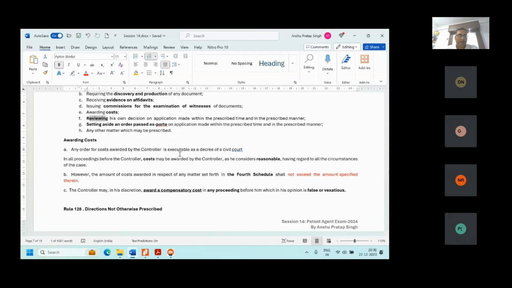Grounds are discovery of new important matter, if there is evidence not known earlier or could not be produced earlier, or there is a mistake or error apparent on the face of the record, or any other reason, you can always approach for the review. On the basis of these grounds, you will give a statement of the ground, and once the application is received, you will also give a copy to the other person concerned, right? If the other person is a necessary party.